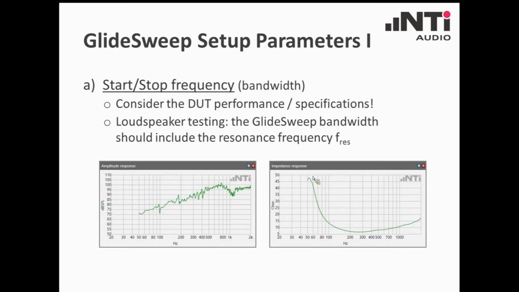Now, because we want to know this resonance frequency more accurately, we want to have a clearer picture of this peak, it is strongly recommended to extend the bandwidth. And that's what you see here. We start at 20 Hertz, go up to 2 kilohertz, and now we get the full peak of this resonance of the woofer. And by the way, this value also plays a major role for the TS small parameter calculation and so on.